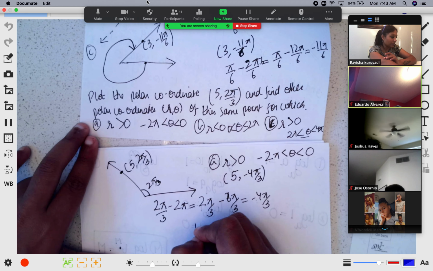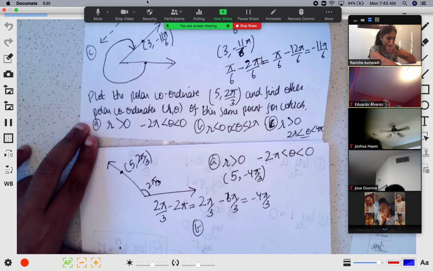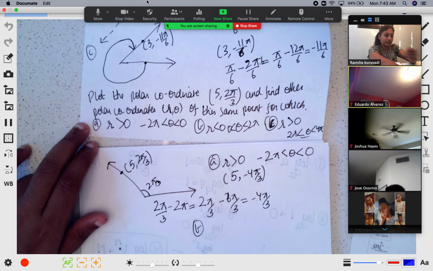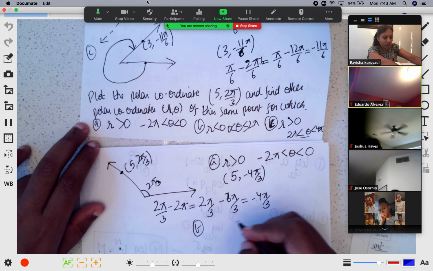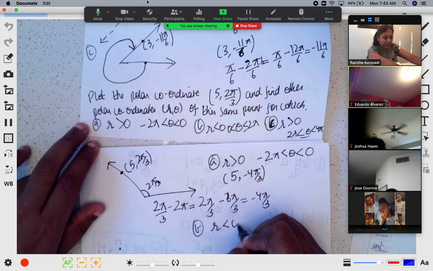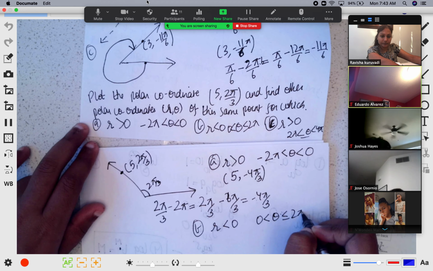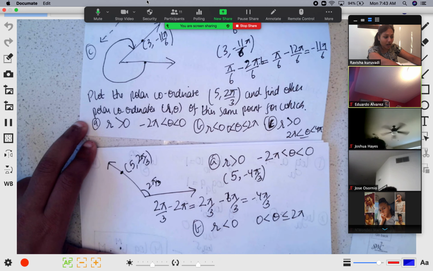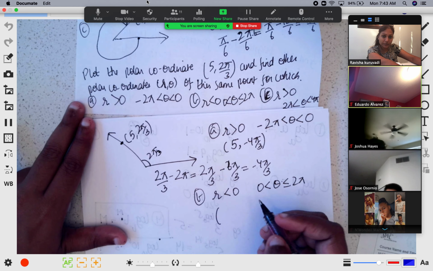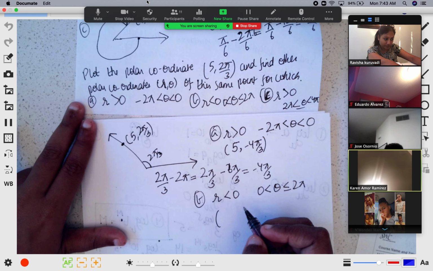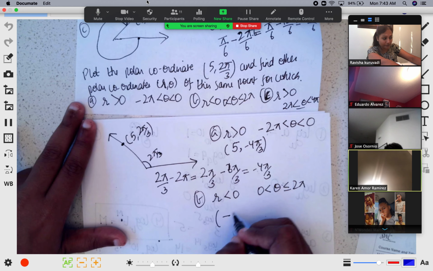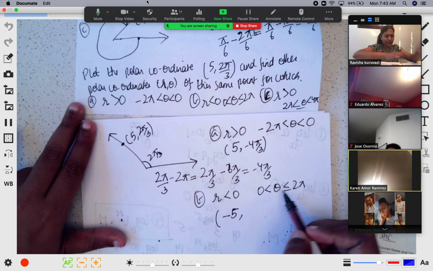Okay, let's do the B part. Karen? I want R to be negative and theta to be between 0 and 2 pi. What's my R? Negative 5. Now how do I find theta between 0 and 2 pi?